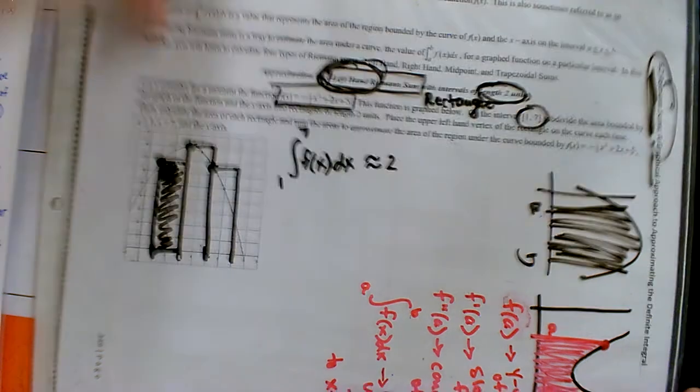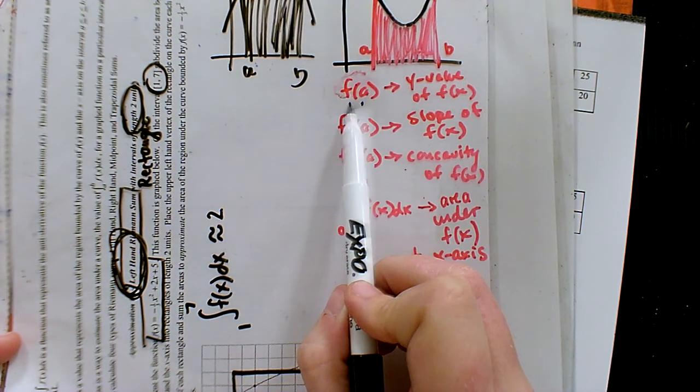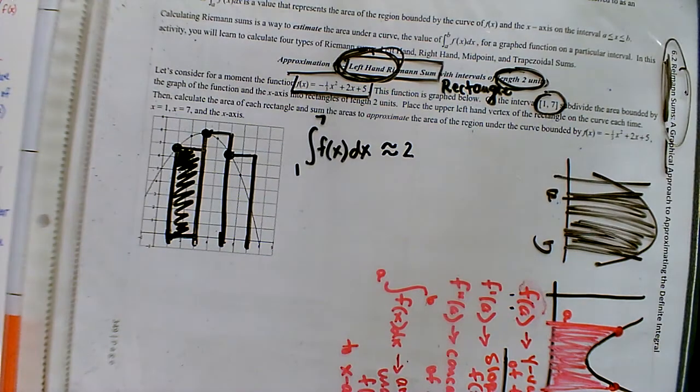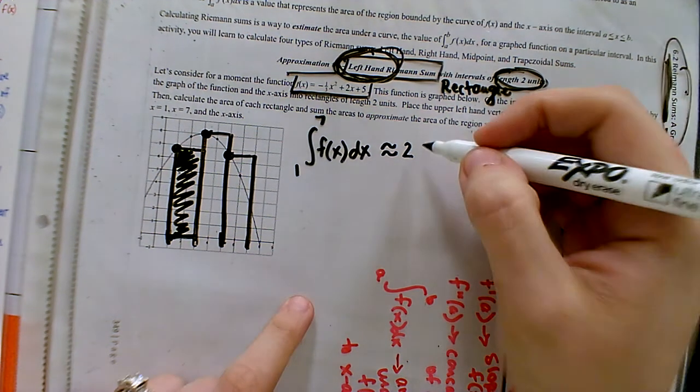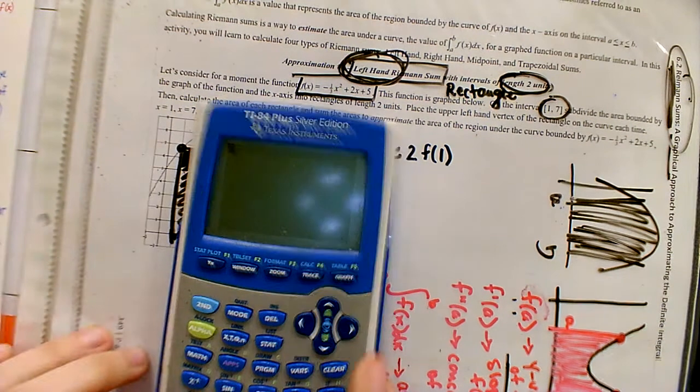Like we said over here, I'm going to flip it. If we plug something into an original function, that's representing a y value, aka a height of a graph. Now, graphically, it kind of seems like it should be around 7, but we don't know what that is exactly. So we're going to take f of 1. Now, on our calculator, I'm going to show you how to do this fairly quickly.